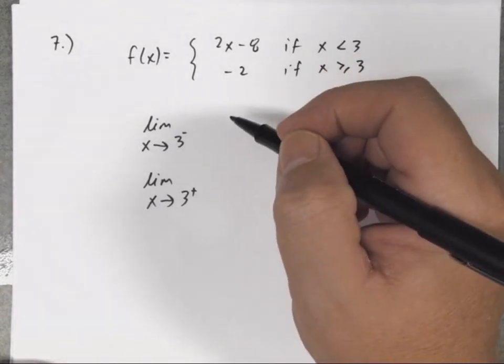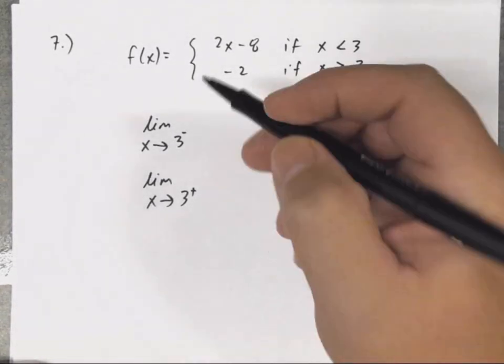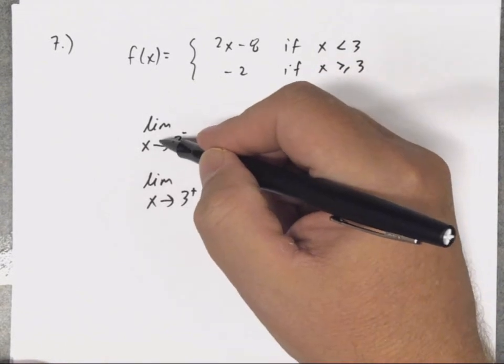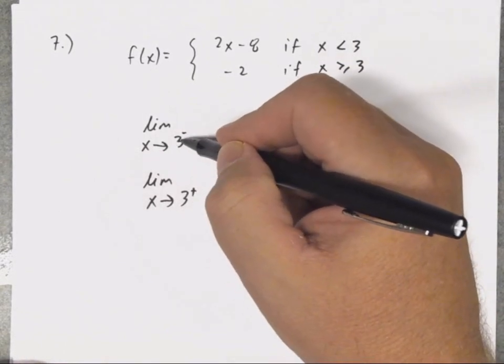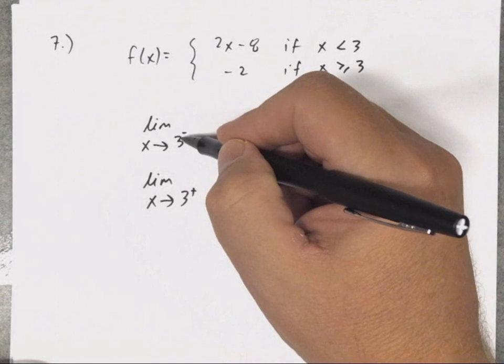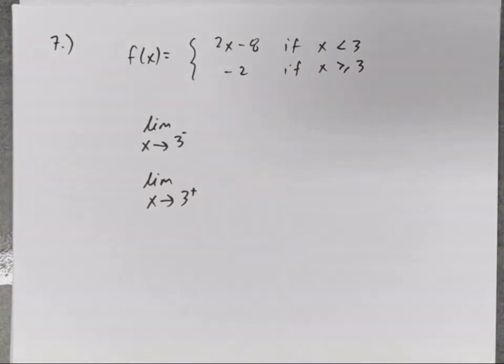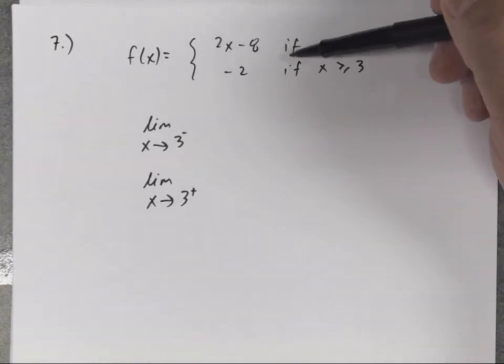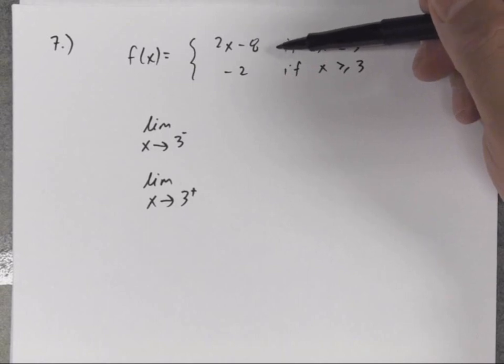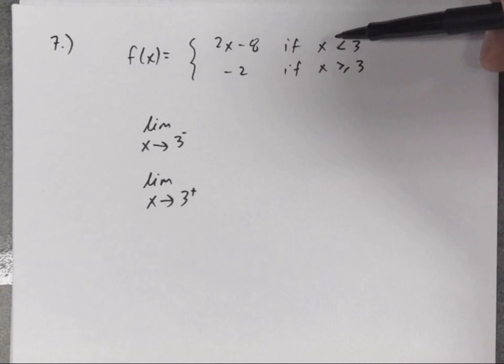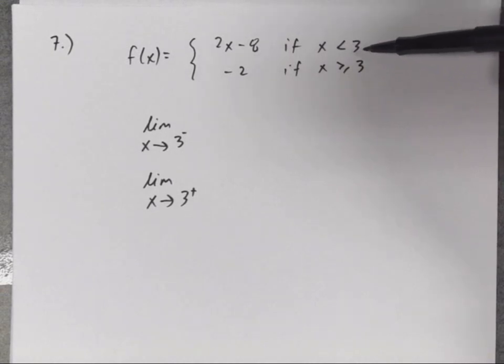So first, I want to approach 3 from the low side. In other words, the numbers have to be a little bit less than 3. When I look up here, I have to figure out which expression to use. This first one is to be used when x is less than 3.